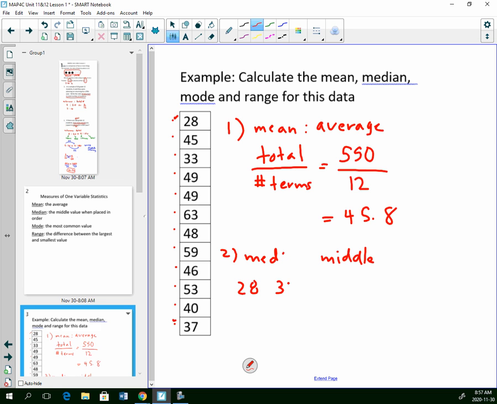So 33, 37. I think the next one's 40. Then we have 45, 46, 2 49s. And then we, oh, no, we have a 48.